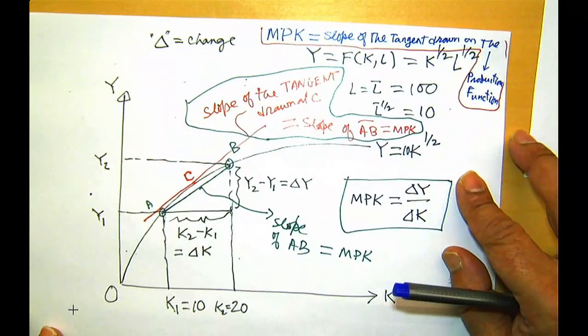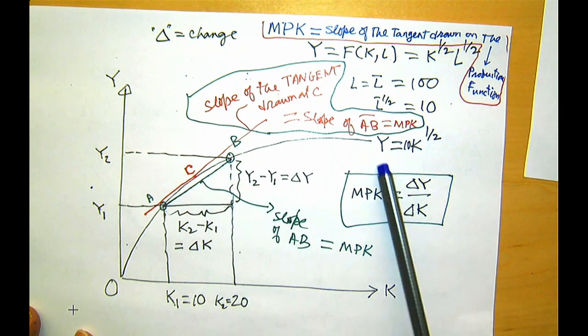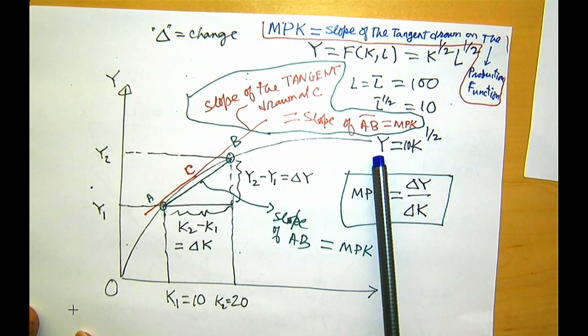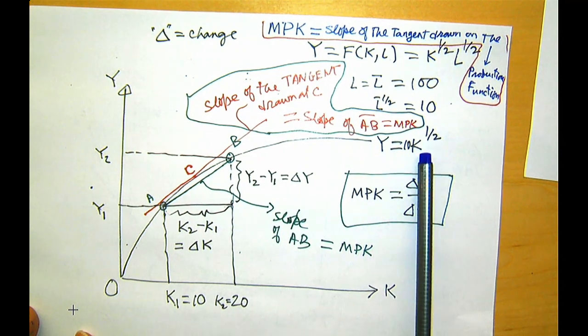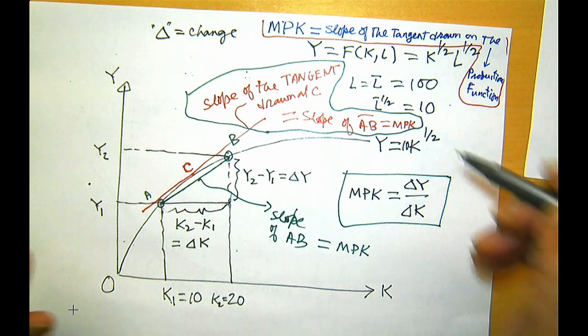Okay, so what I have done here, I'm going to put them on Canvas, but I'll also use something from last time. This is a production function. I did these slopes, etc. MPK is that. If you have a production function, say Y equal to 10 times K to the power half, this is the elasticity.